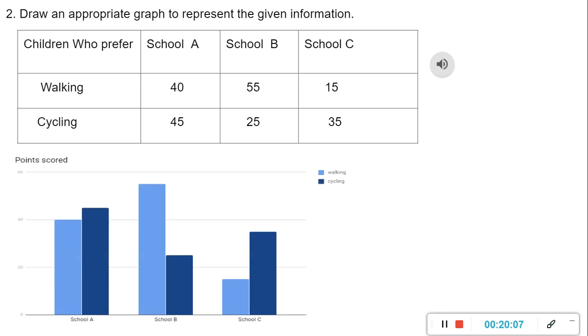So in the answer you can see on the x-axis we have mentioned the schools: School A, School B and School C. Walking is light blue color and cycling is dark blue color.